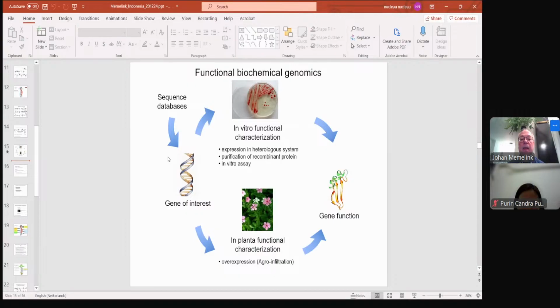And then the idea is that once you characterize the enzymes, you have candidates, and then you want to test the activity of the candidates. And this can be done in vitro or in heterologous systems or in other organisms to express these enzymes, or it can be done in planta via expression in plants. And then the final step is to test the enzyme activity.